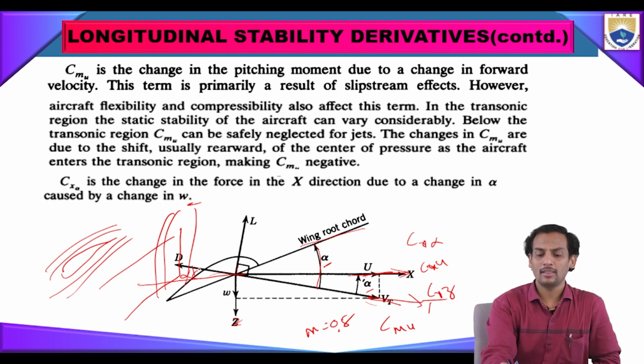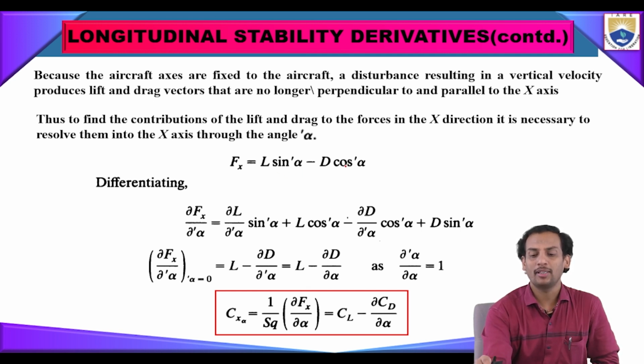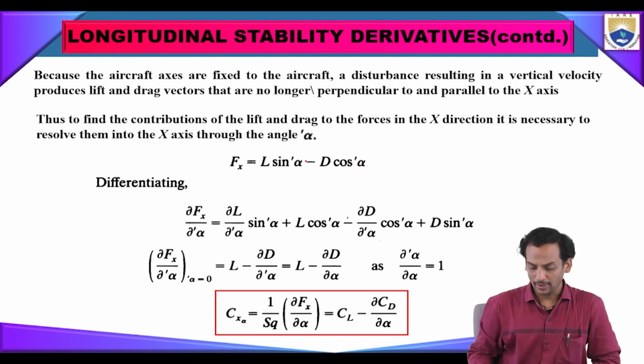So this is at an angle alpha prime with the D. Then what are the velocity components? So that will be the D cos. The effects with respect to x, what are the forces? So drag force is D cos alpha, and lift force will be L sin alpha, like sin alpha prime.